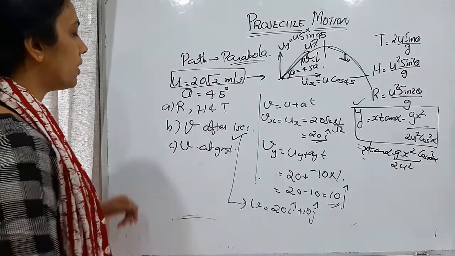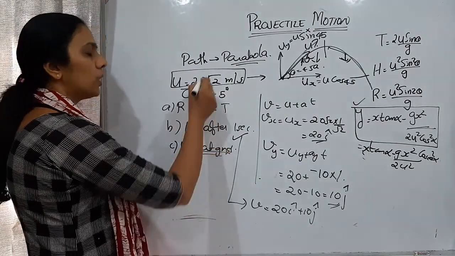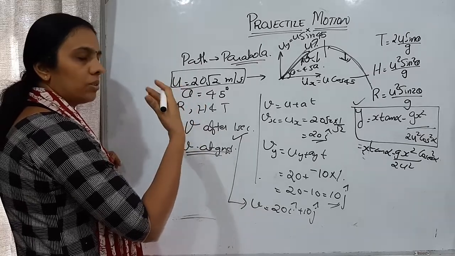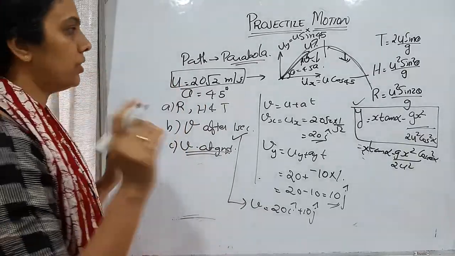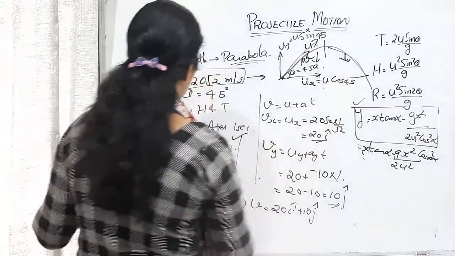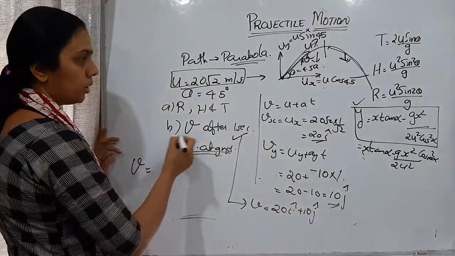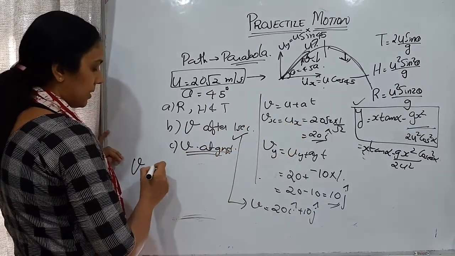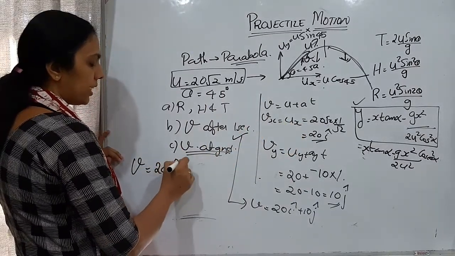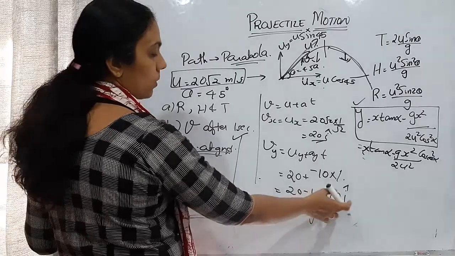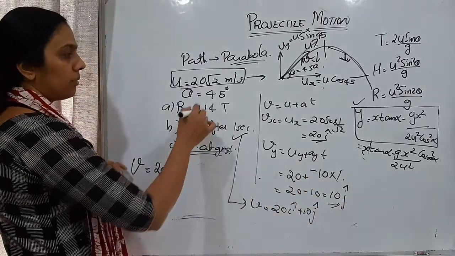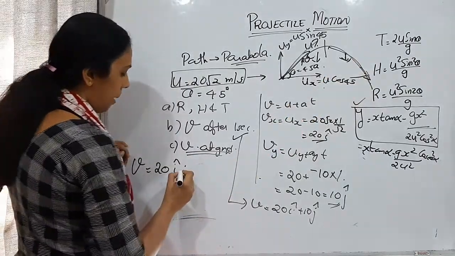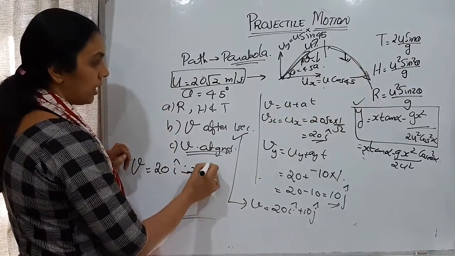So how can we write down the velocity at the ground? The velocity is just changing with respect to direction alone. So here the velocity v will be equal to the initial velocity: the x-axis velocity will remain the same, so it will be 20 i cap, and the y-axis velocity will be changing, just opposite in direction, so it will be minus 20 j cap.